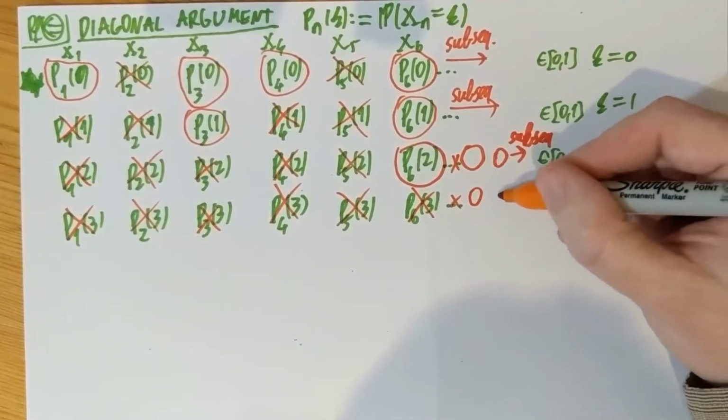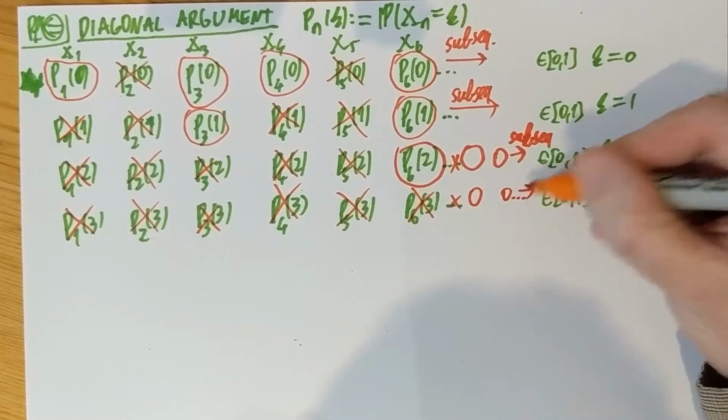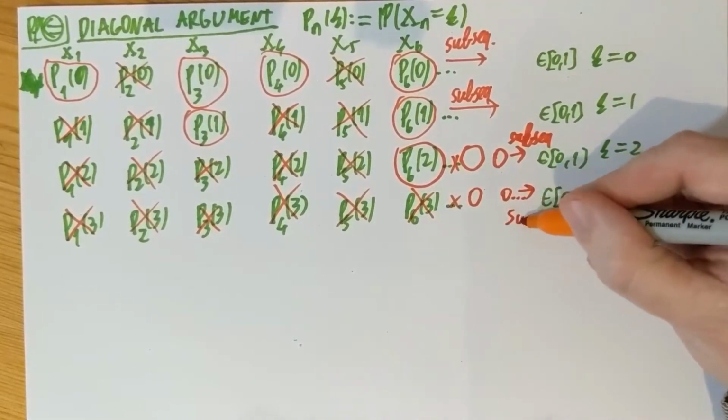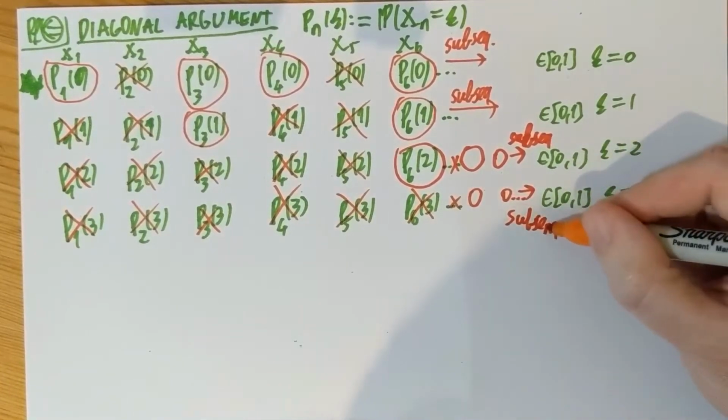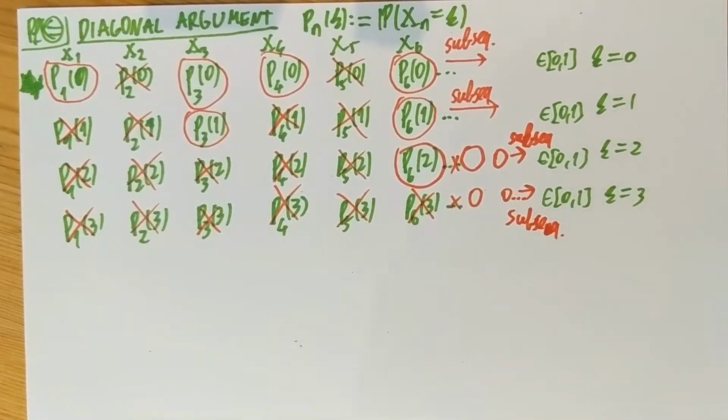And out of the remaining numbers, I again have a convergent subsequence, and so on and so on. Okay, so that is what I'm going to do. Okay, so now I'm going to pick now a particular subsequence.